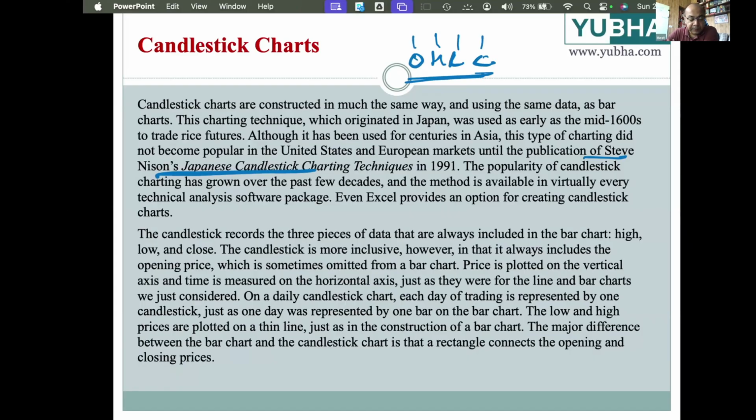Okay, so the typical candlestick has this kind of template where you have a square box and then you have lines which go up and down.